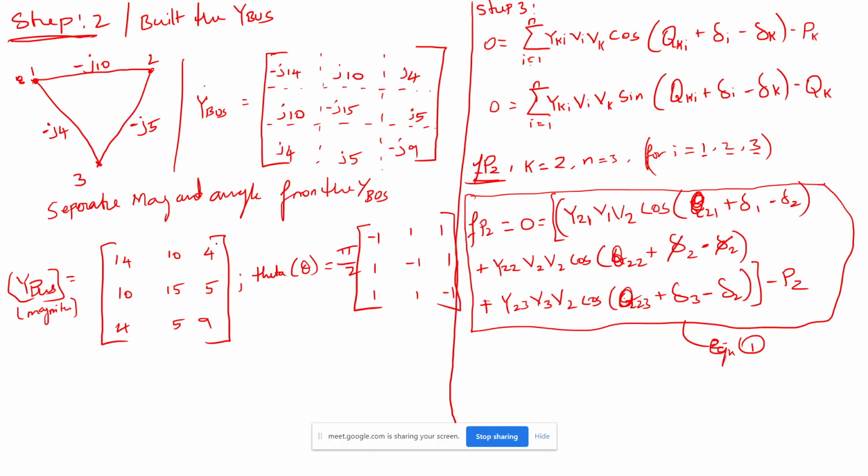and one more thing we need to find out here. One mistake is here, it is minus. For q it is minus, for qk it is minus.